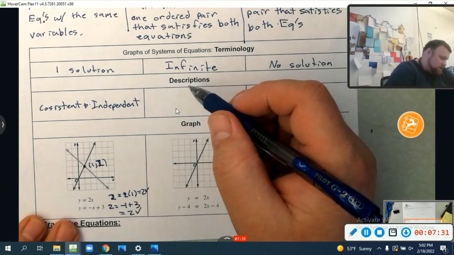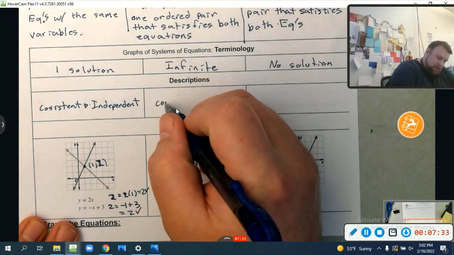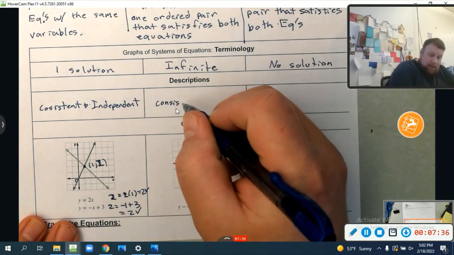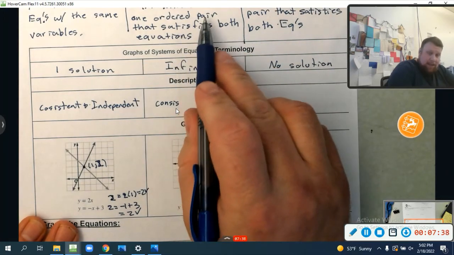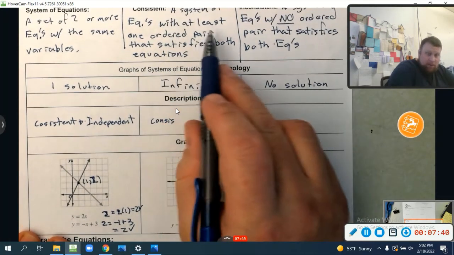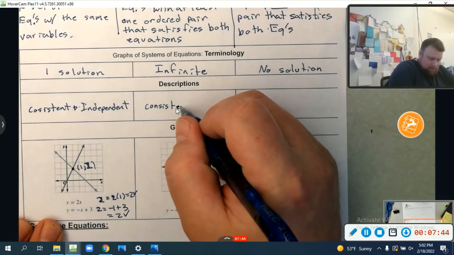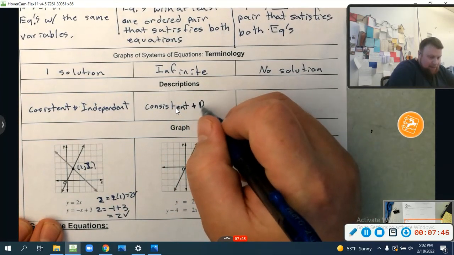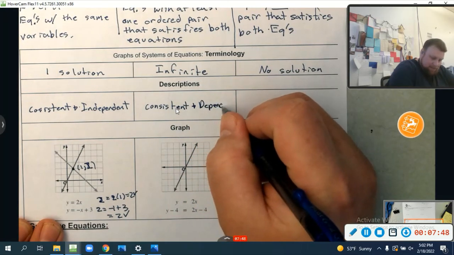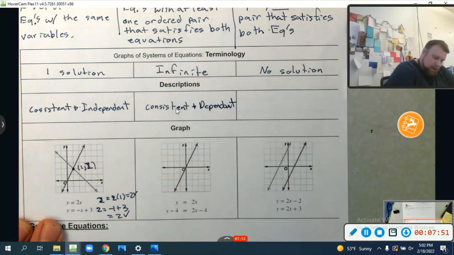All right, so let's look at infinite solutions. Infinite solutions is called consistent because there is at least one solution, right? It says with at least one solution up here for consistent. So consistent, but dependent, not independent. And why is that? Because they're the same line.